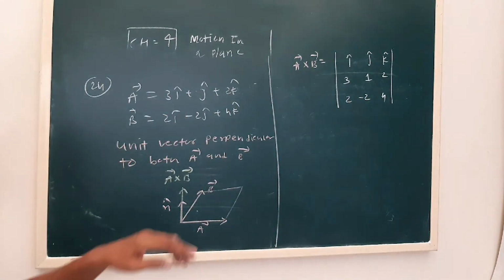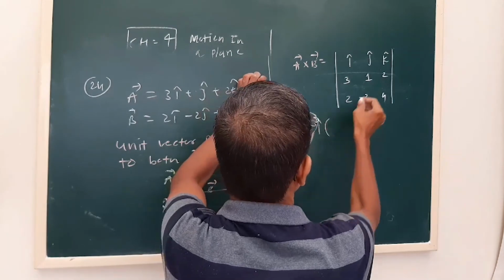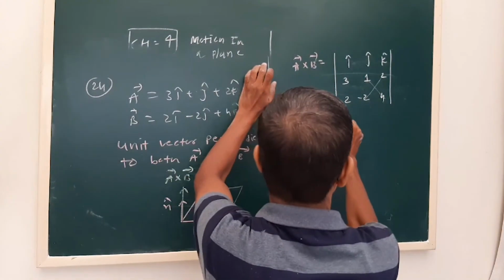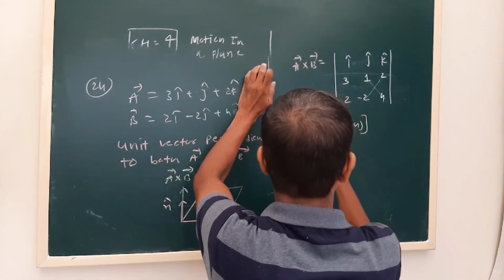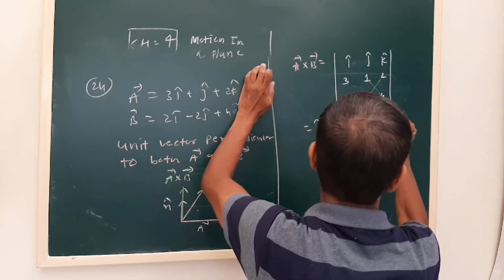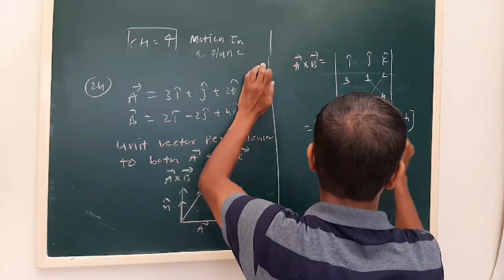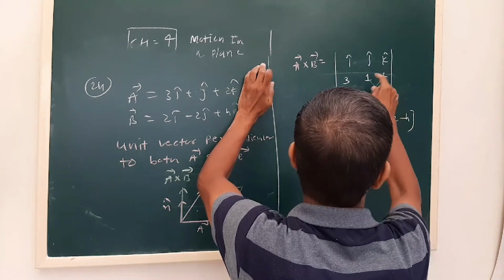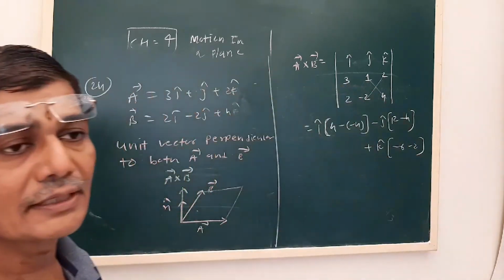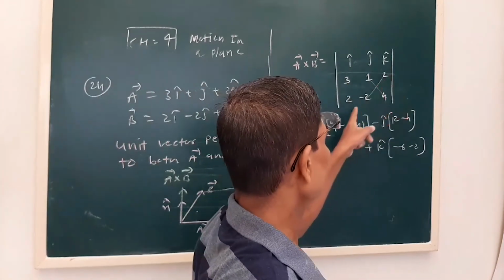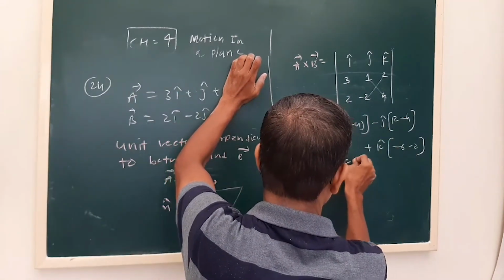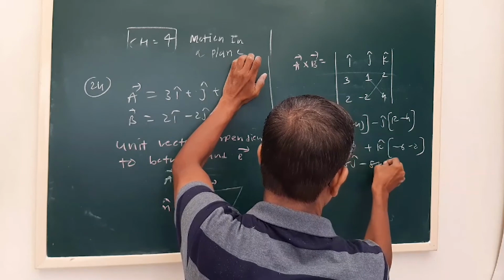Now i caret, right diagonal minus left diagonal, so it will be 4 minus 4. Okay, minus j caret, 3 4s are 12 minus 4, plus k caret, minus 6 minus... okay, see the right diagonal minus left diagonal. So this has become 8i minus 8j minus 8k.